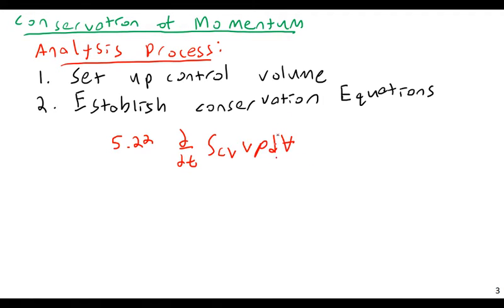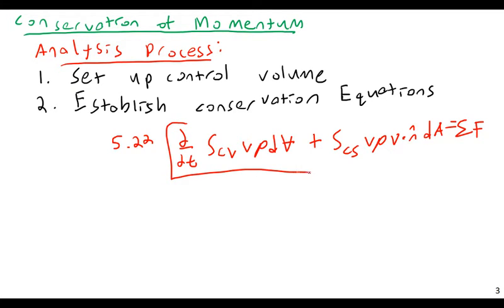So this is used especially if you have a deforming control volume with time. Then plus the integral across the control surface of v rho (v dot n) dA. And all of this is going to be equal to the sum of forces. So this is the long form conservation of linear momentum equation.